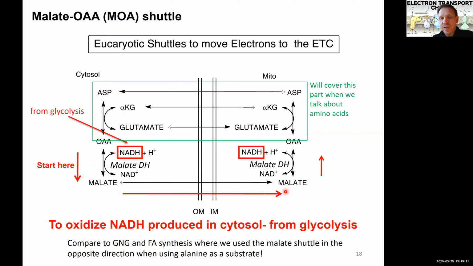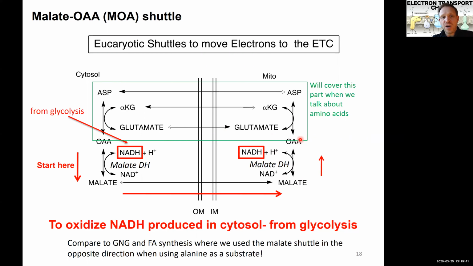Now malate can be oxidized again to OAA, and we're releasing NADH on the other side. Okay. So we now have brought in our NADH from the cytosol into the mitochondria. We have achieved that. We leave it here for now. There obviously is also a way to bring it back because we now have the carbons of OAA sitting here from the oxidation of malate, from the release of NADH.